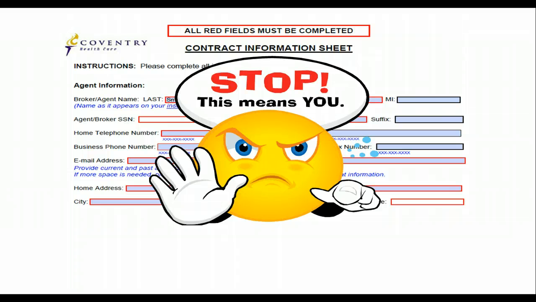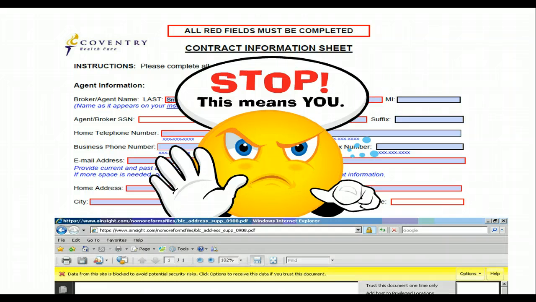To get the social security number to auto-populate, you'll have to follow these steps. You should see a bar that displays at the top of the page. From this bar, you want to click on Options. From the drop-down box, select Add Host to Privileged Locations.